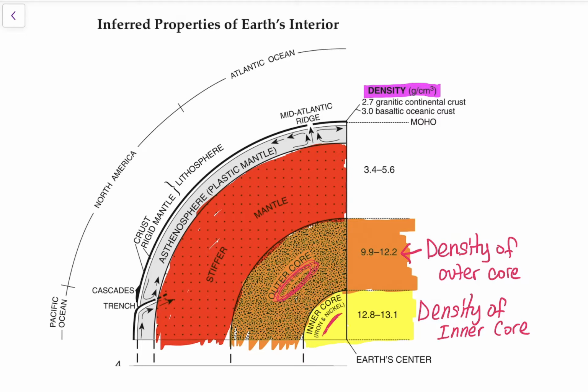Okay, and the stiffer mantle has its density range lumped in with the layer above it. So let's color in the layer above the stiffer mantle before we talk about the density. Okay, above the stiffer mantle, we have what we call the asthenosphere. Okay, and that's in that gray shaded area. We'll color this yellow.